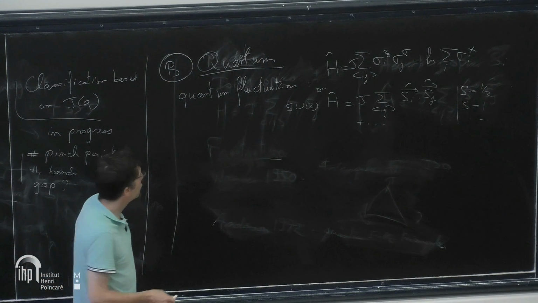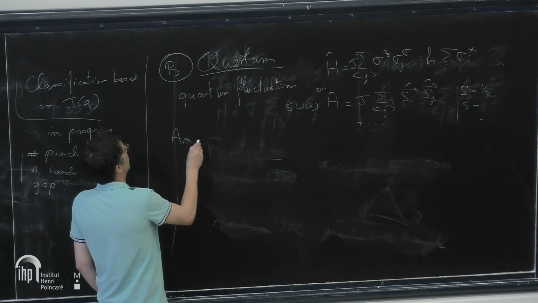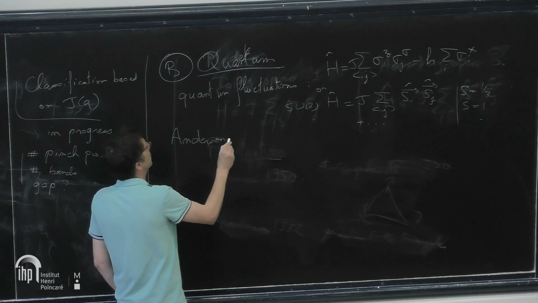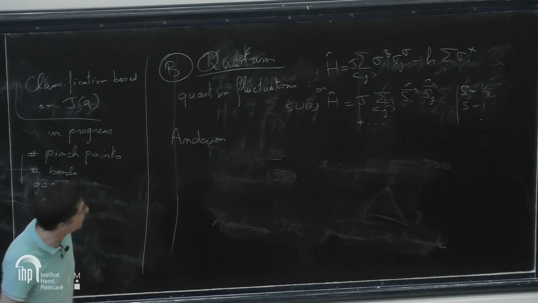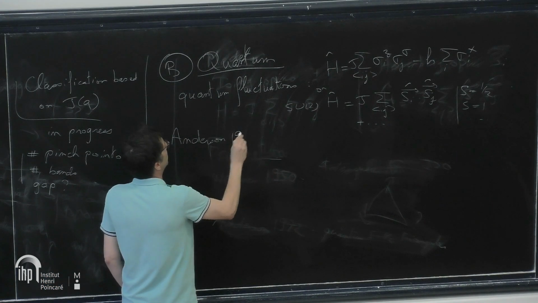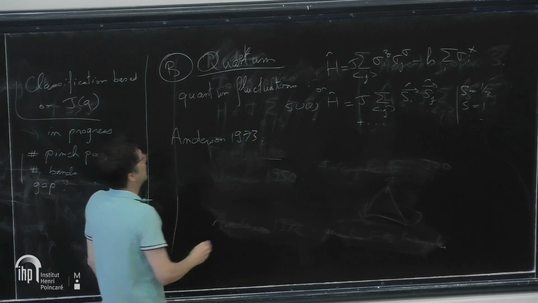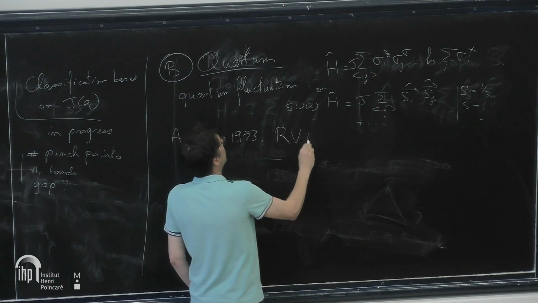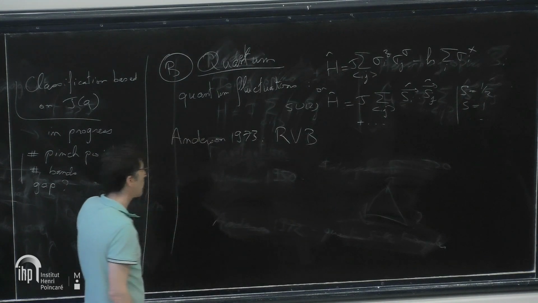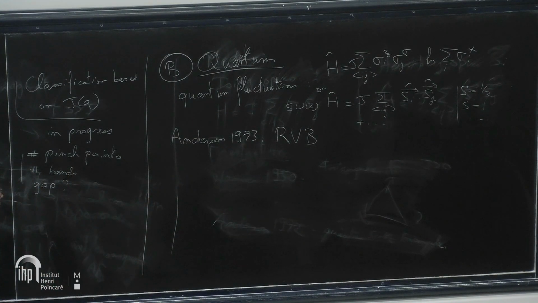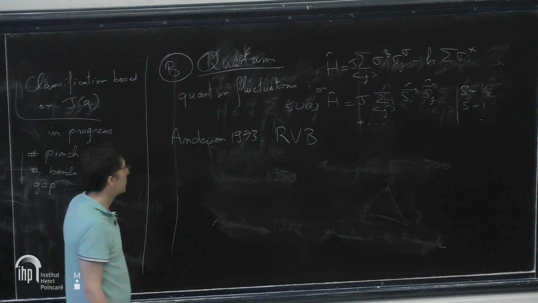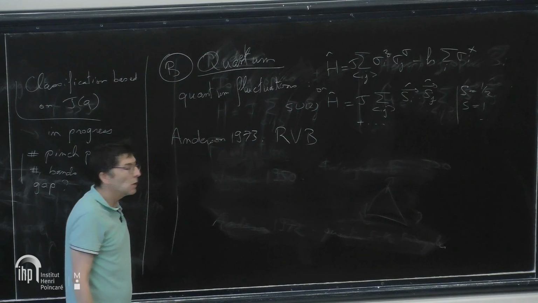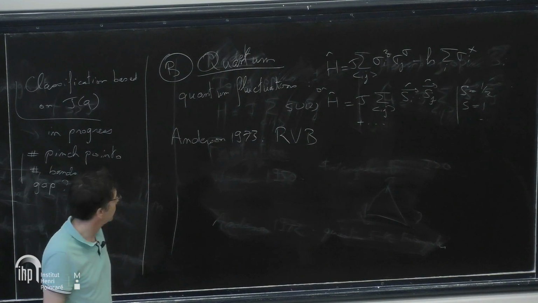So the starting point for the quantum, as I said, is the seminal paper by Anderson. So it's '72, maybe it's '73, I never know. And it was called resonating valence bond theory. So he was thinking that quantum mechanics is in fact a natural playground to destabilize order.